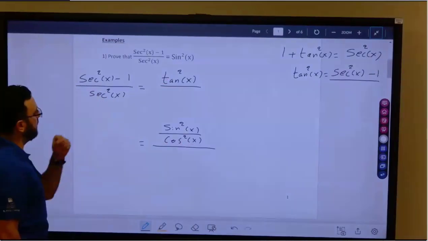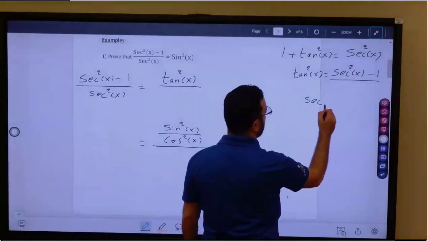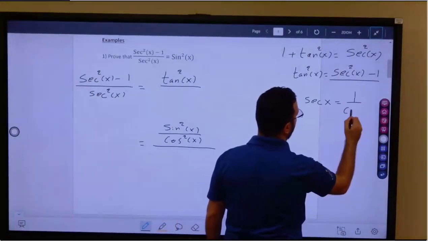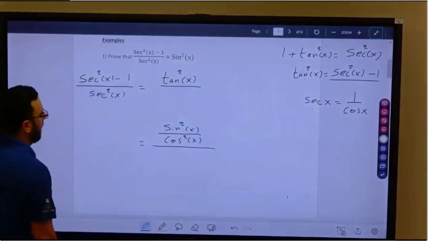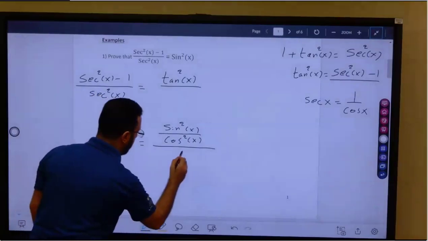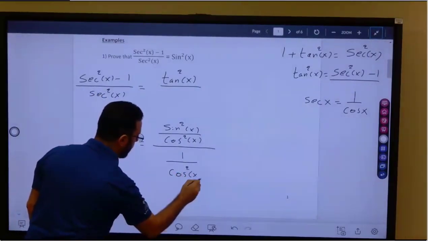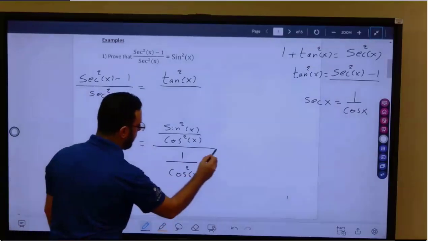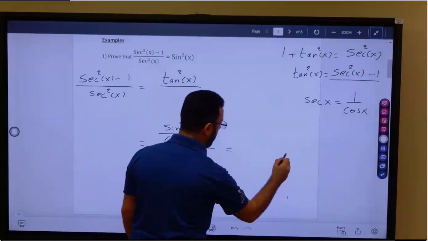If you go back to the secant, we already know the secant x is the reciprocal of cosine. That means secant squared is going to be 1 over cosine squared x. Now I have division. I'm going to convert the division to multiplication.